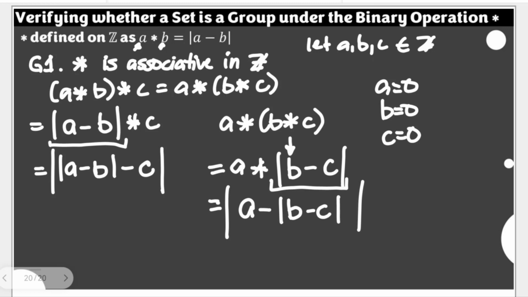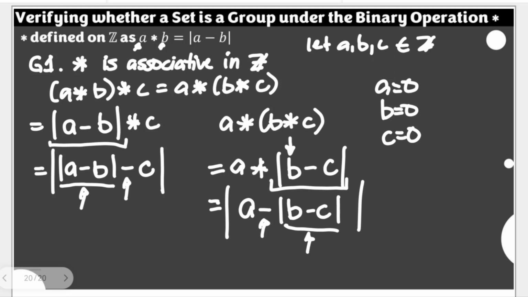PEMDAS will have us work on this side first, and the other side on that part first. Take note that we have the operation of subtraction right after that. Even if we're taking the positive value of the difference of A and B here and B and C here, it will be subjected to a certain operation, subtraction. And we know that for subtraction, associativity doesn't work all of the time. This would mean that they are not equal to one another.